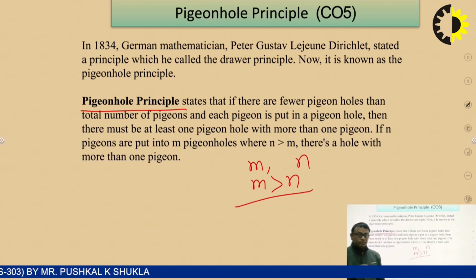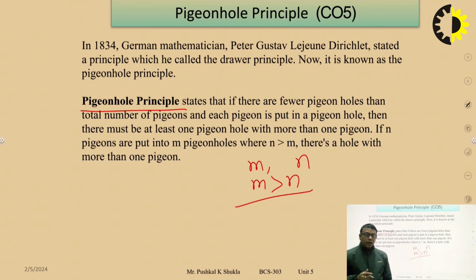For example, if there are 13 professors, then there must be at least two professors, more than one professor, who were born in the same month.